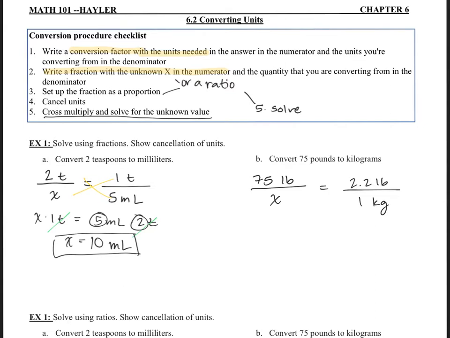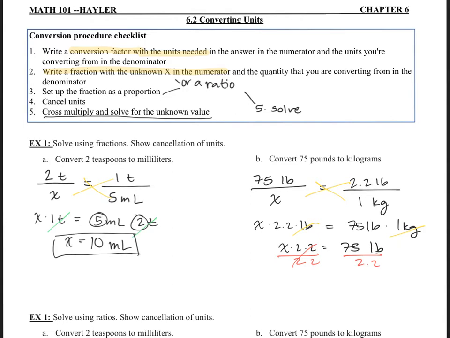I'll go ahead and cross multiply. And I get x times 2.2 pounds equals 75 pounds times 1 kilogram. Go ahead and cancel out the units. Then I have x times 2.2 equals 75. All right, let's go ahead and divide out by 2.2 to get x by itself.